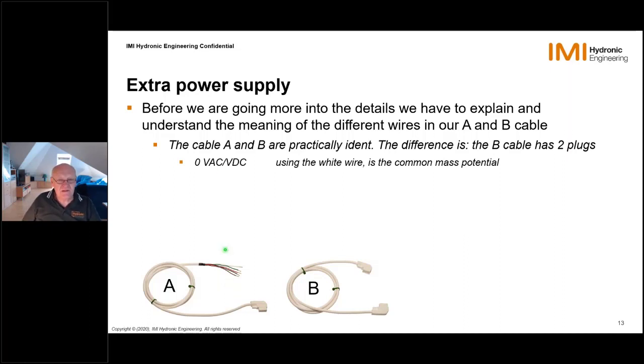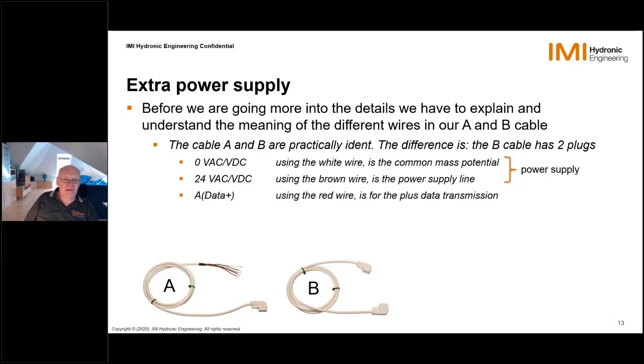And then we must be clear, 0 volt, also called the mass, a general mass in the system, is the white wire. This is the common mass potential. And the 24 volt AC is using the brown wire, and that is the power supply line. Both are used for power supply.